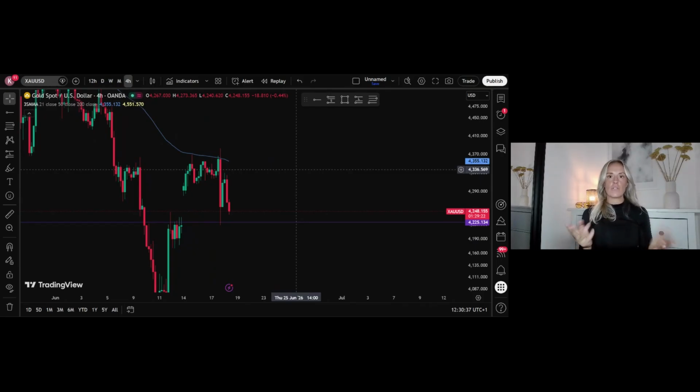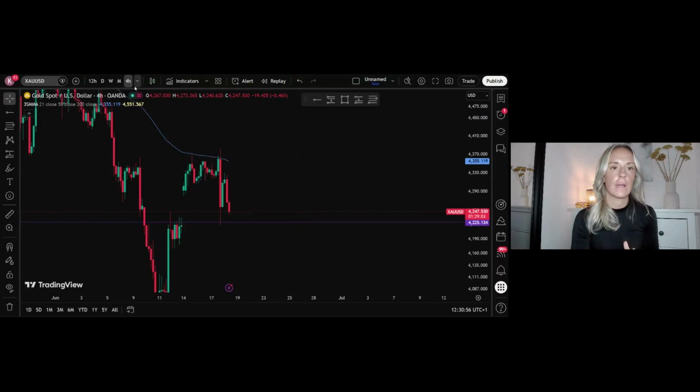So if you've got a little bit of knowledge of the markets already, you might have heard the term a bull market or a bear market. So some people might say, oh, it's a bullish market. Gold tends to be a bullish market on a higher time frame. I'll show you now.